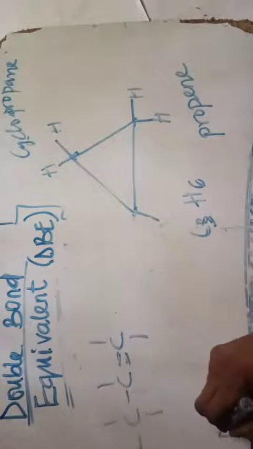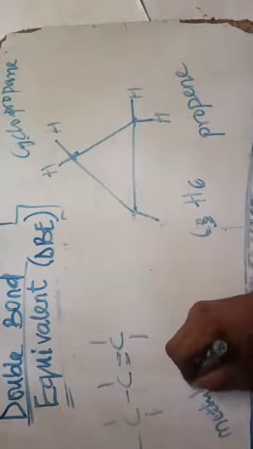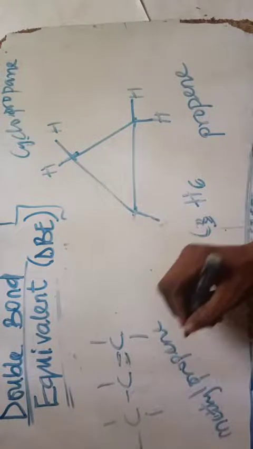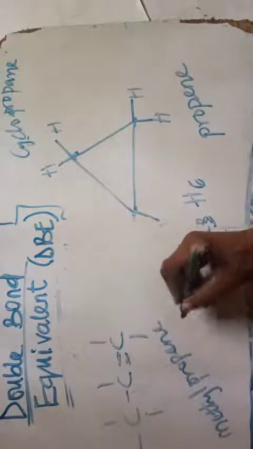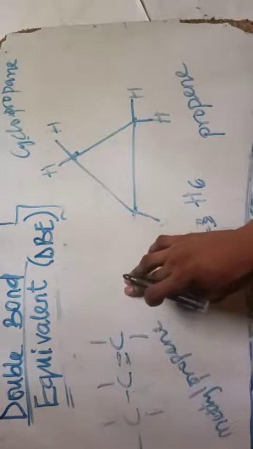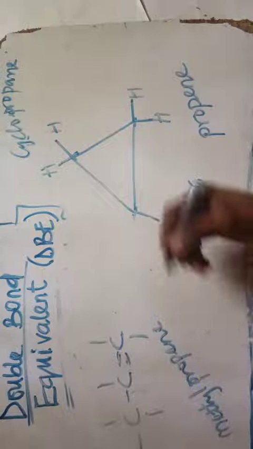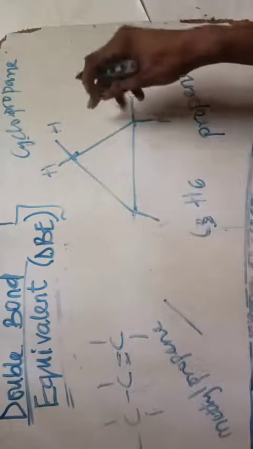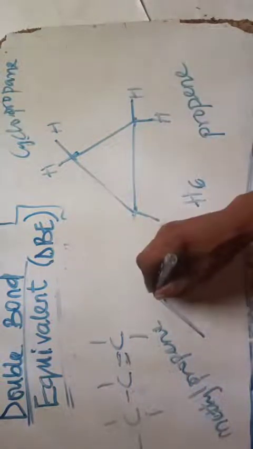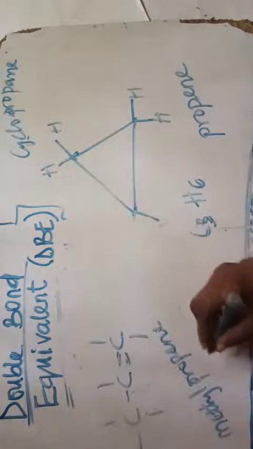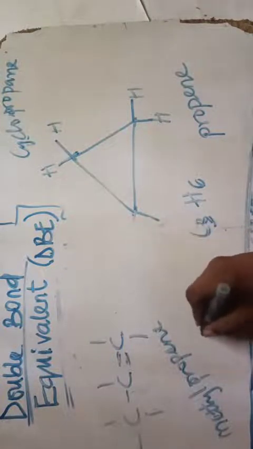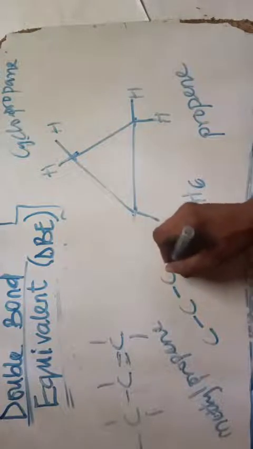So let's consider methyl propane. Methyl propane has its own structure, as this is just propane rather. So let's say we add methyl to this propane. So I'm going to have 1, 2, 3.